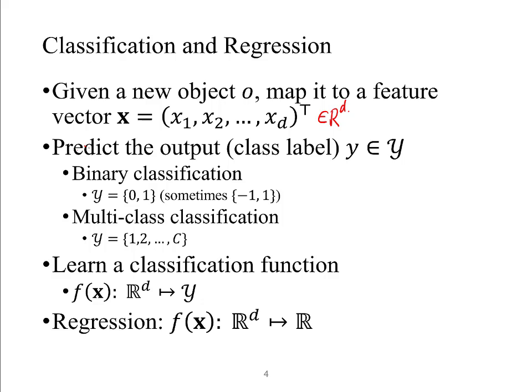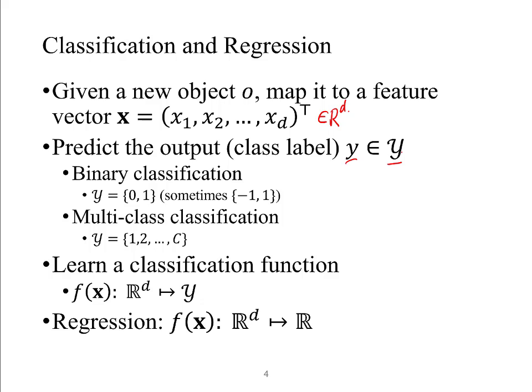And we predict the output, which is the class label. So y is one label, the predicted label, and this big Y is the set of all the labels.